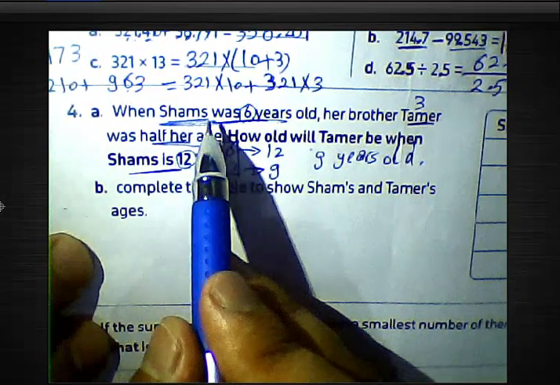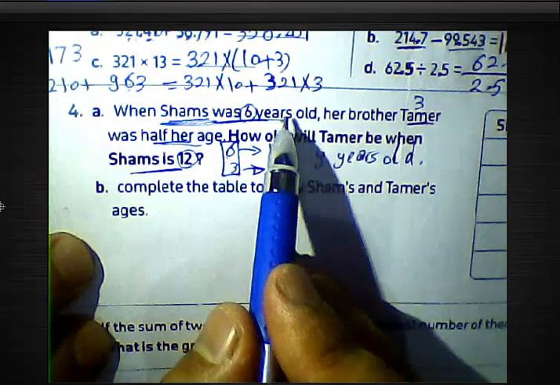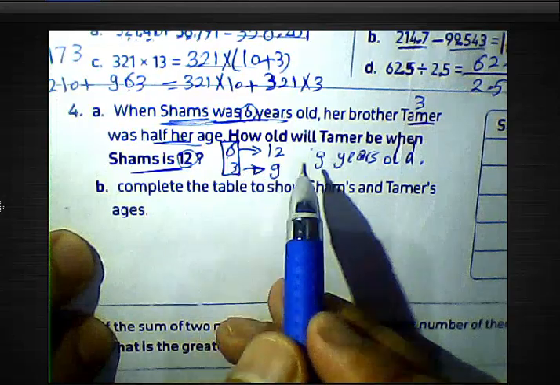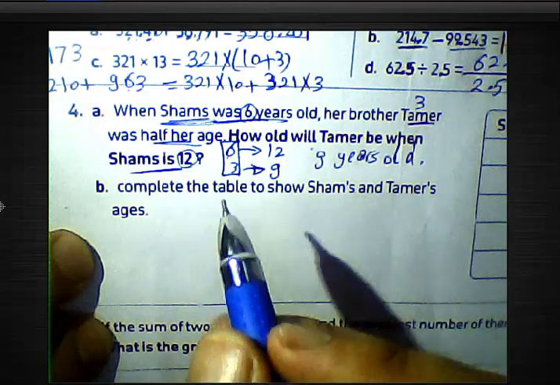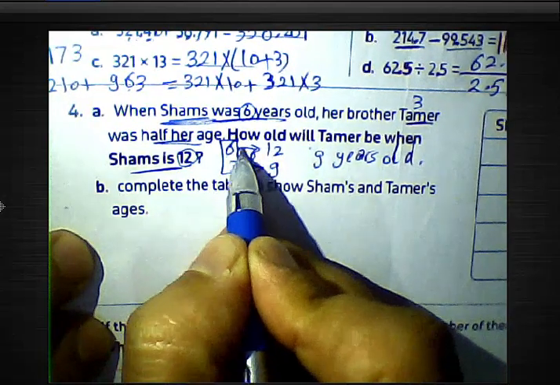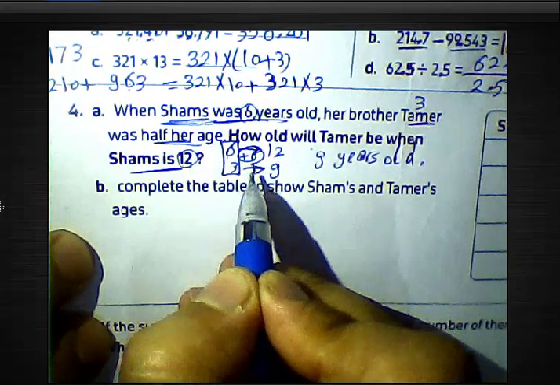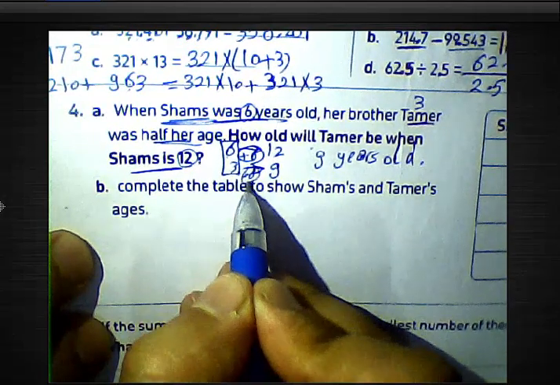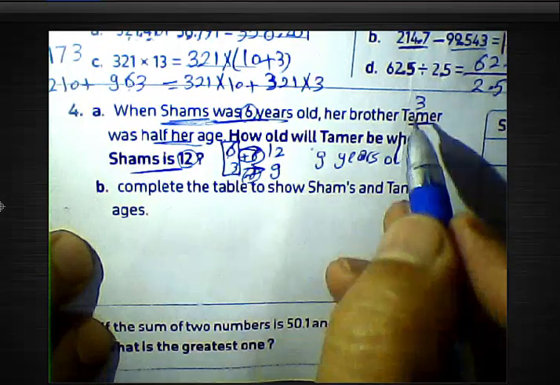Shams was 6 years old. She will be 12 years old after 6 years. So you must add 6 years to the age of Tamer.